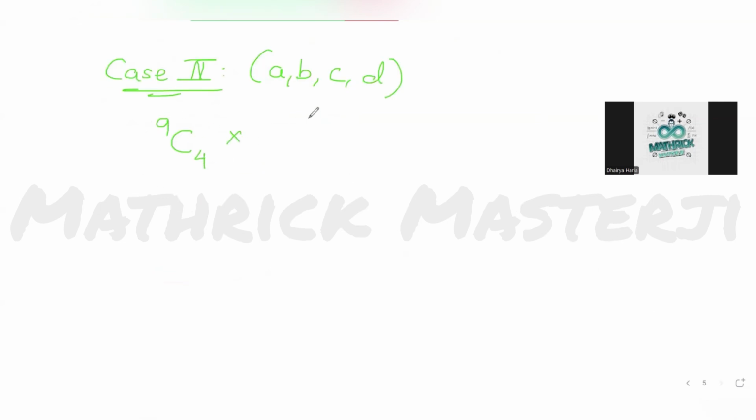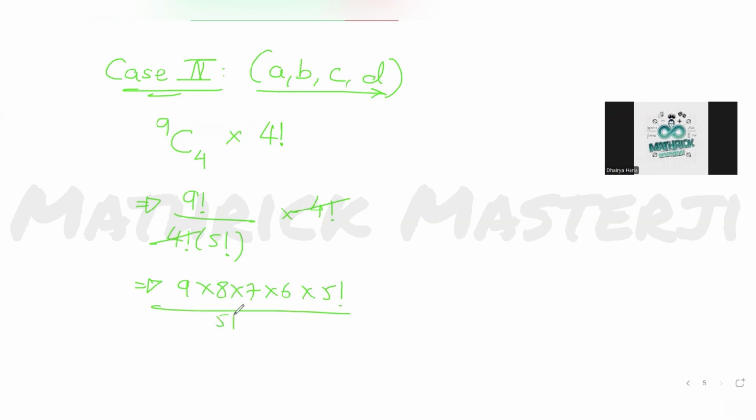Once I have chosen those 4 letters, I can arrange them in 4 factorial ways. And here I don't need to divide by anything because none of them is repeating. So 9C4, I can write as 9 factorial over 4 factorial times 5 factorial. And this is 4 factorial. So 4 factorial directly cancels. I get 9, 8, 7, 6 times 5 factorial over 5 factorial.